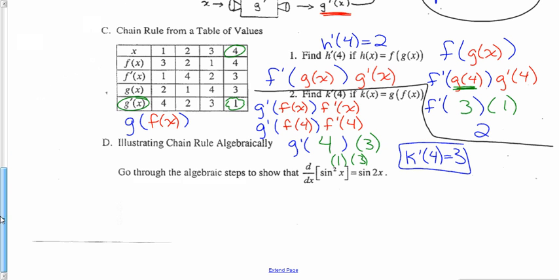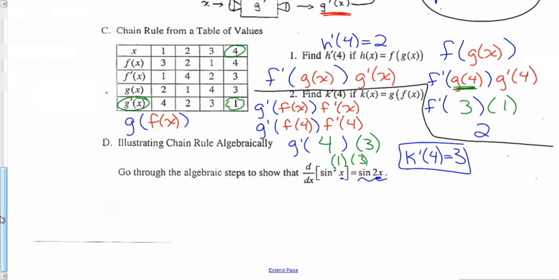Going on to illustrating the chain rule algebraically, it says go through the algebraic steps to show that the derivative of sine squared of x is equal to sine of 2x. Now immediately this sine of 2x right here makes the hairs on the back of my neck stand up, because this is a sine of 2x, whereas over here I was only talking about x, which means I really need to know one of my trig rules that of course we all have memorized.